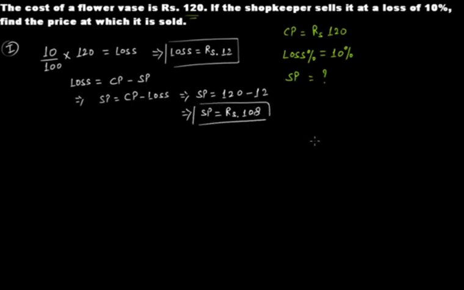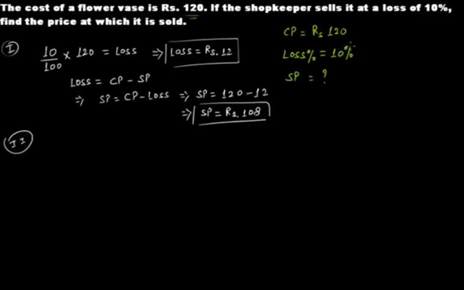This was one way. Another way, it's very important to discuss and think of as many ways as we can. So the second way is that the loss percentage is how much? 10%. What does that mean?